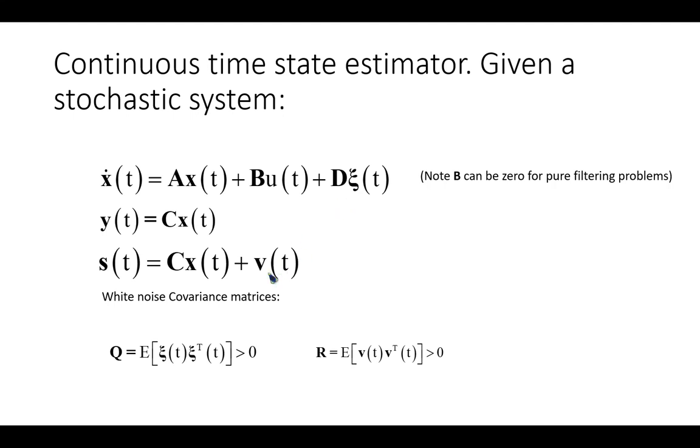And these are both vectors. And here y is the output of the system, the clean output, if you like, driven by noise, and s is when you've got additive noise on top of that. And it's always white noise. And these two noise terms, v and ψ rather, are uncorrelated. And we need a covariance matrix to describe the noise terms. They're usually diagonal to make them easy, Q and R, and I'll come back to that later.